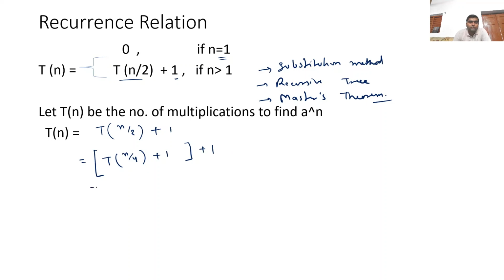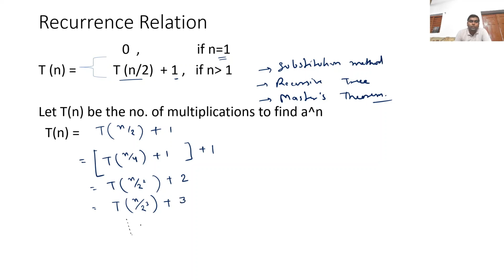So this results in T of n by 2 squared, plus 2. Again one more step: in terms of n by 8, that is n by 2 raised to the power 3, plus 1 and plus 2, meaning plus 3.